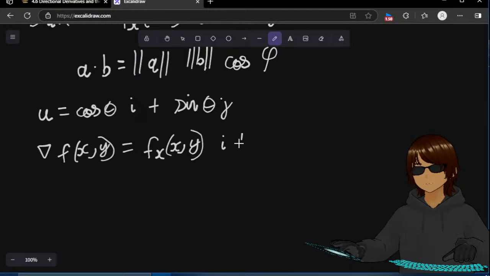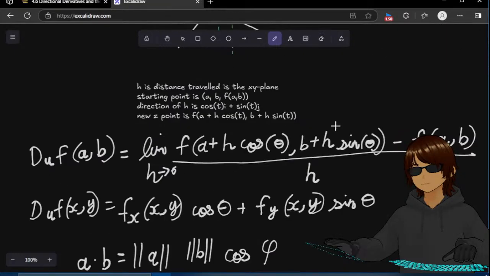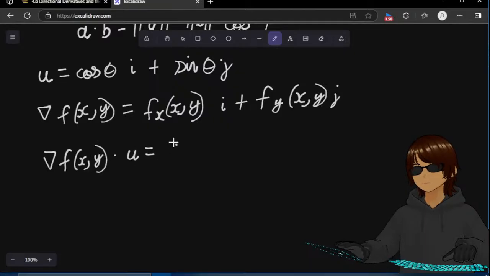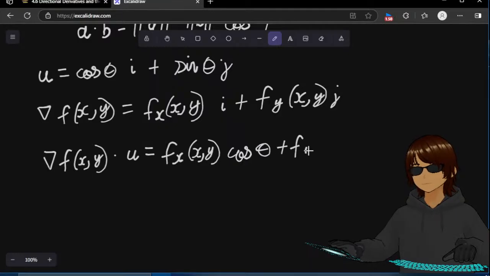In the i direction, in the y direction. And then we do the dot product, so we multiply their components, times cos theta and sin theta.